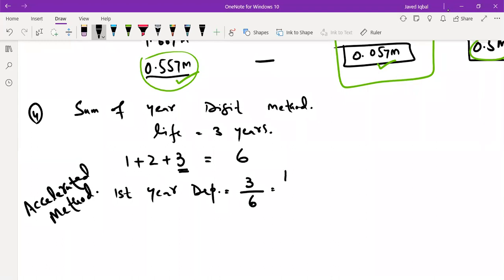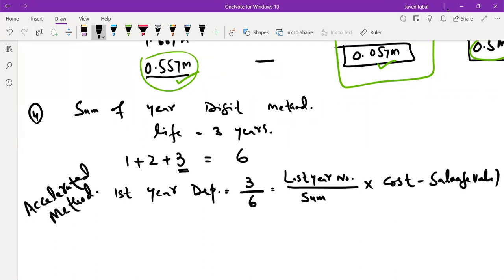So I would write it as last year's number divided by their sum, and then you multiply it by cost, you get the depreciation. Here the ideal is that if you are provided with the salvage value, you do it like this: cost minus salvage value. So in this case, you have 3 by 6 multiplied by cost minus salvage value, which is 4.5 million. So the first year's depreciation in this case would be 2.25.